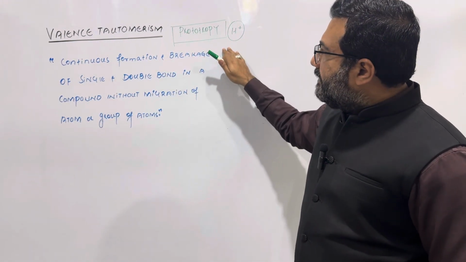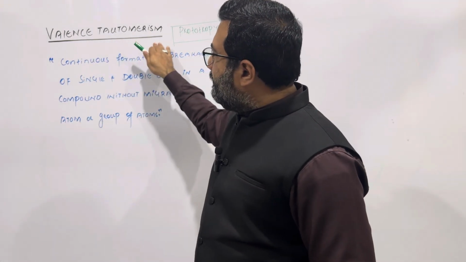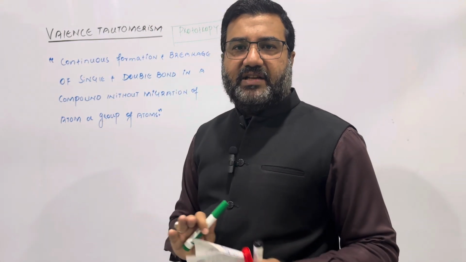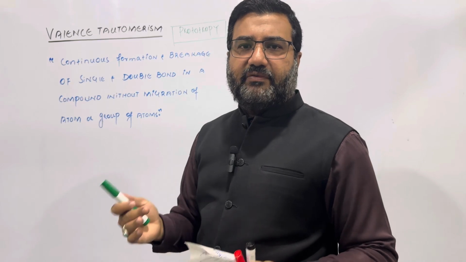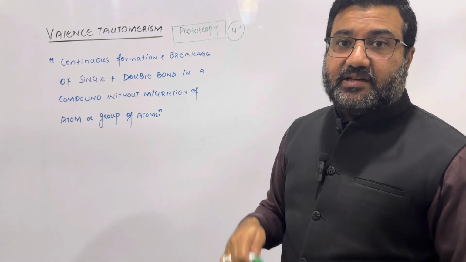That type of tautomerism is called as prototropy. While in the second type, which is valence tautomerism, there is no shifting of the atom or group of atoms or H positive ion from one atom to the other atom within a compound.